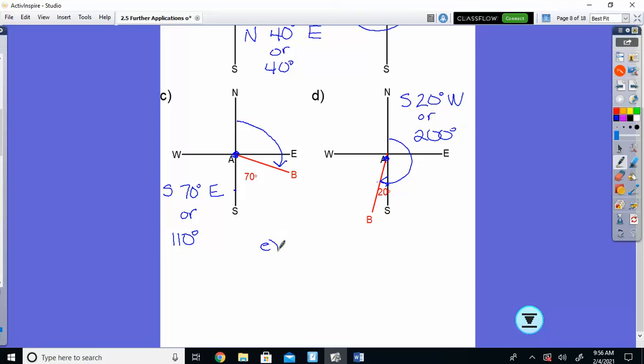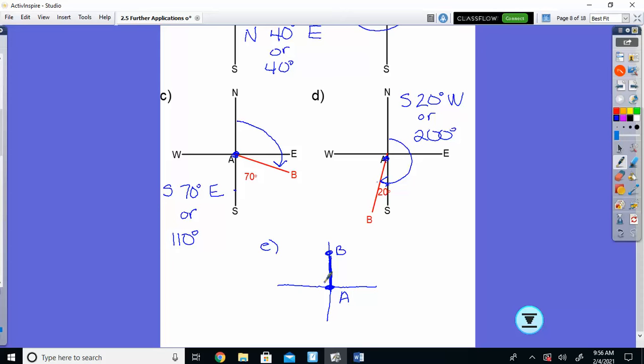I'm going to put one more up here. If I did this, from A to get to B, are we going north or south?